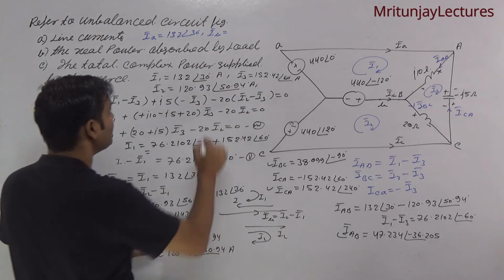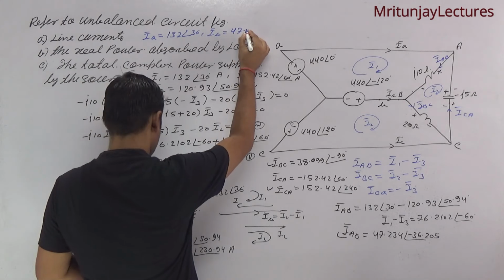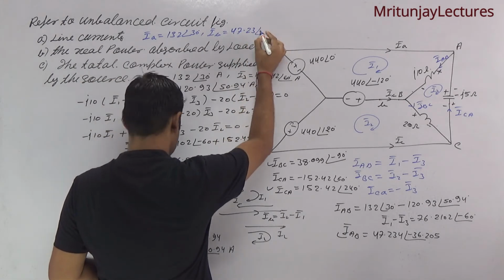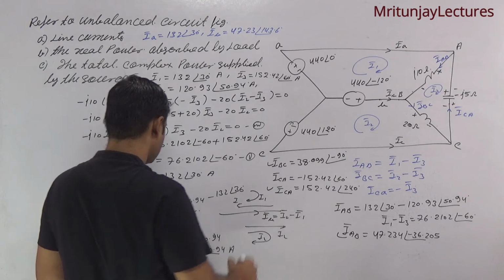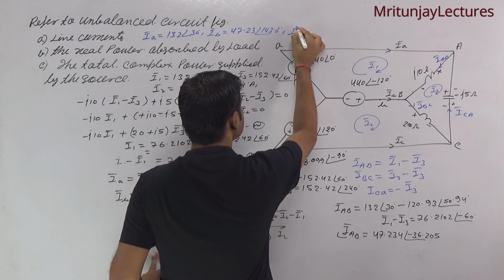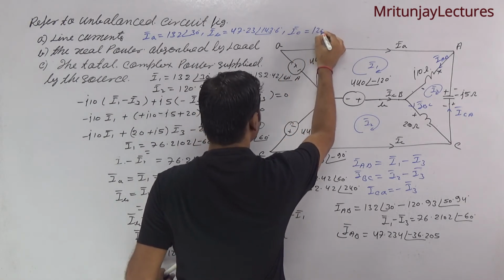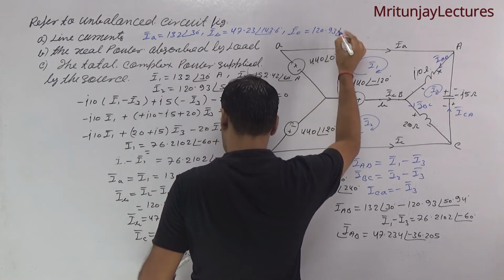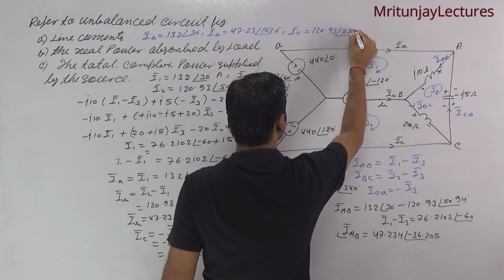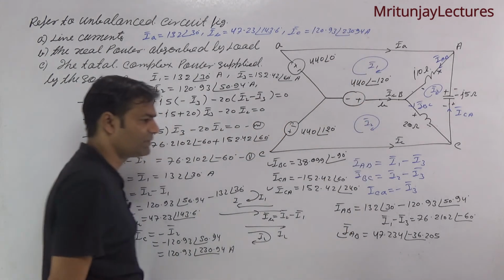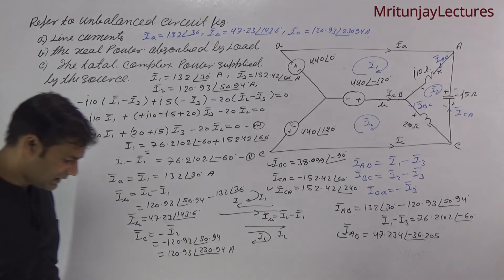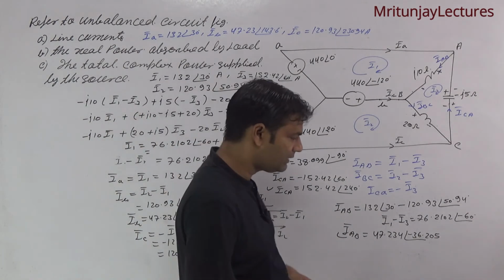IB is 47.23 at the angle 143.6 degrees. And what about IC? IC is written as 120.93 at the angle 230.94 ampere. Clear or not? First of all, make it. This is the line current. Okay.